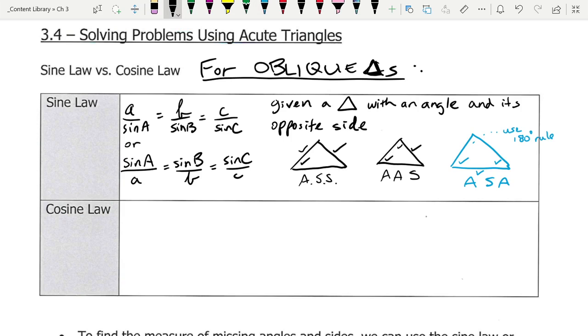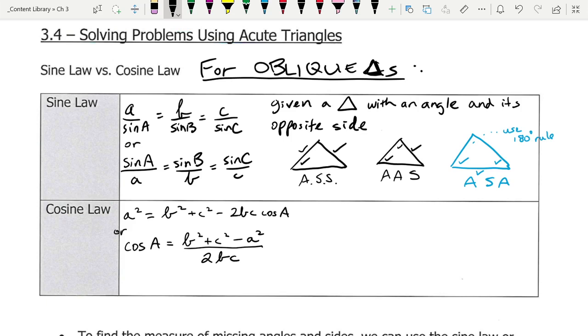Our other law is the cosine law, which when I'm looking for a side looks like this. And when I'm looking for an angle, it's a little more confusing looking. It's a big rational expression. Or.